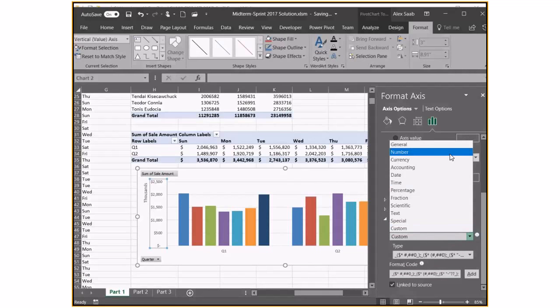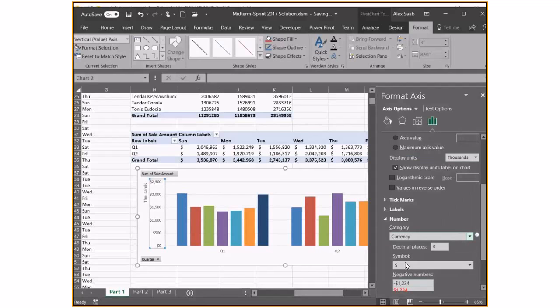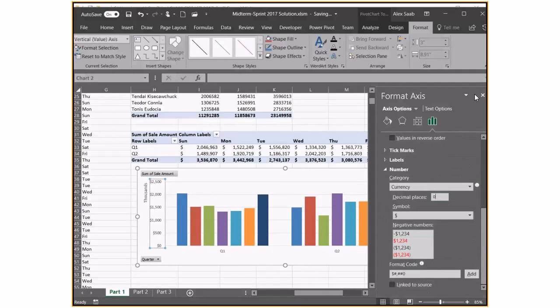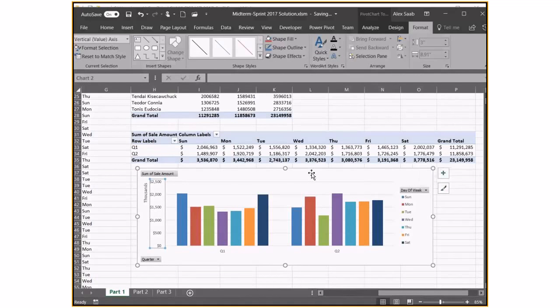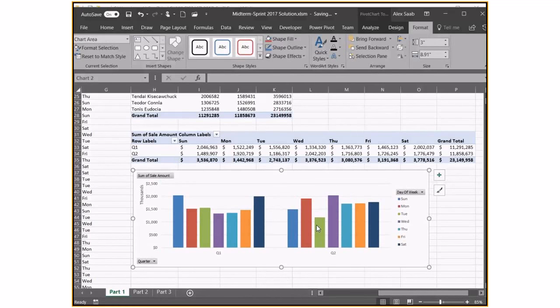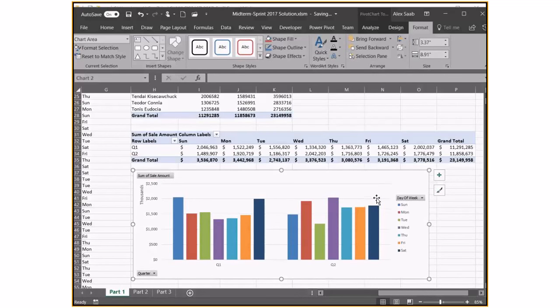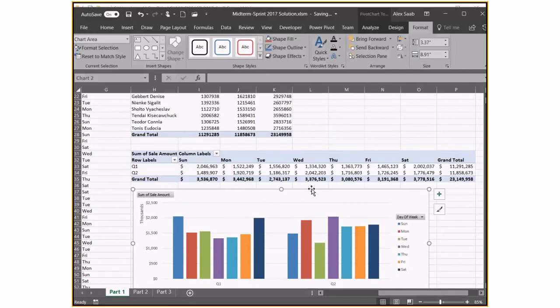I select currency with 0 decimal points, and I close. So that's the whole question. So once you get your data, pivot table is straightforward.